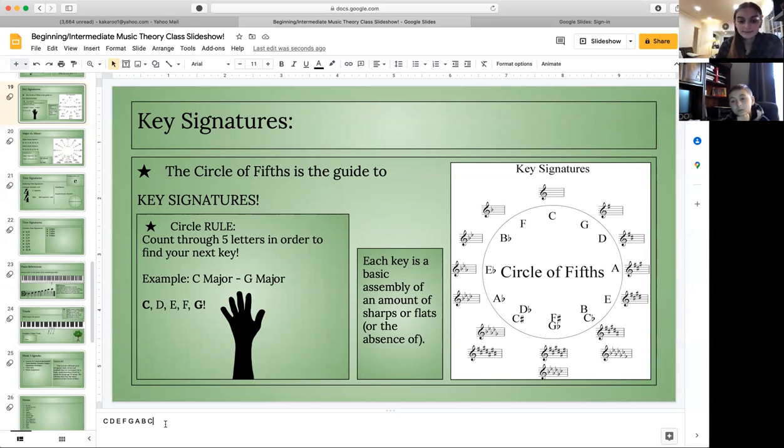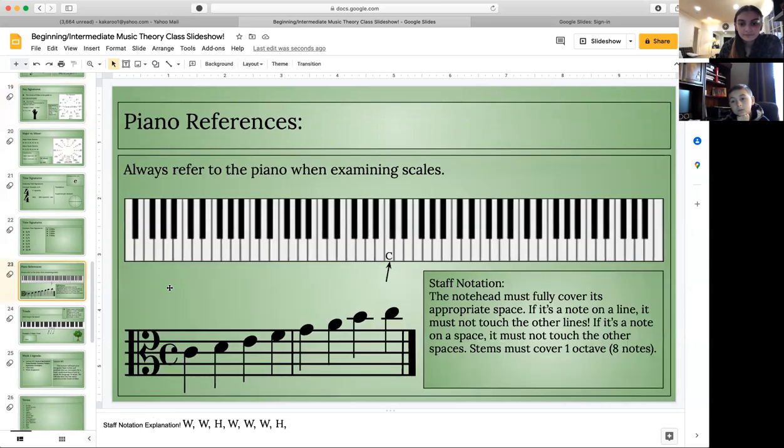With that, let's find C. So I want to find my relative minor key to C, and this is exactly what I talked about earlier. It's just better to have kind of like a precursor, if you will. So I'll wait just a sec.